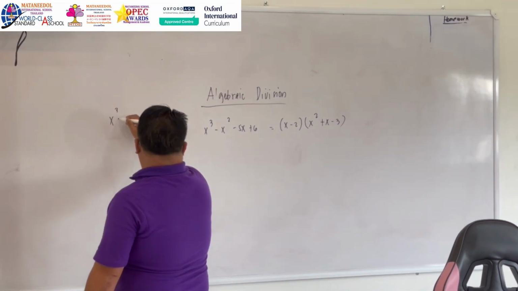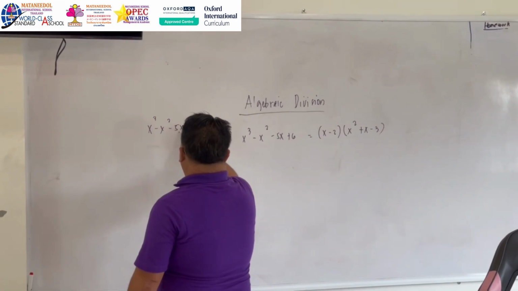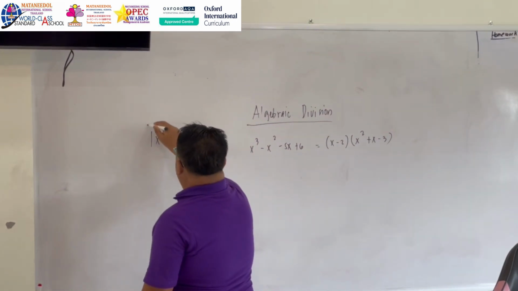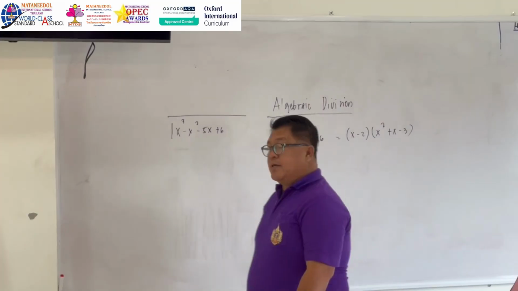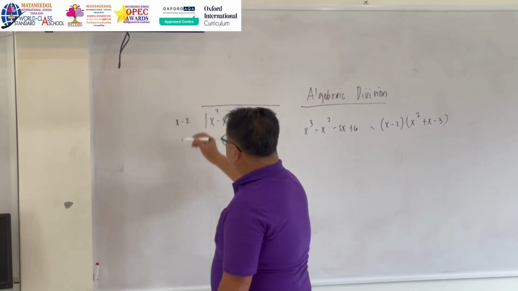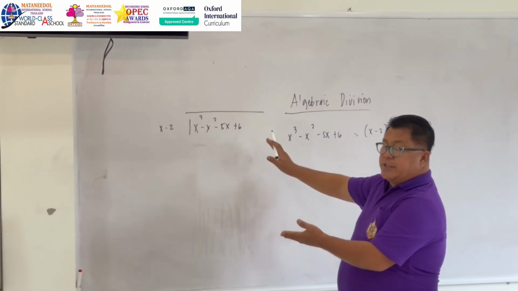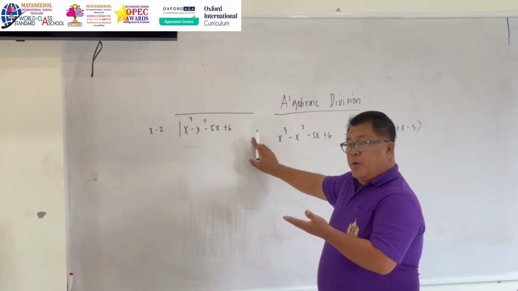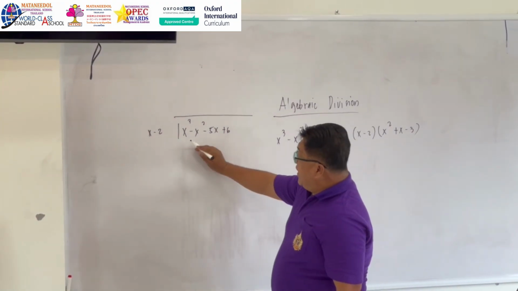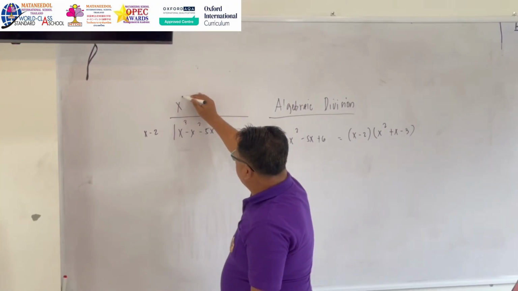x cubed minus x squared minus 5x plus 6 divided by x minus 2. If we encounter an equation like this, simply divide x cubed by x, so we get x squared.